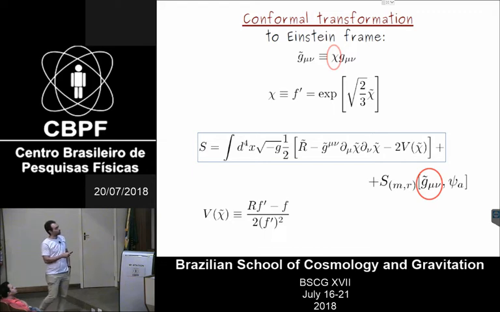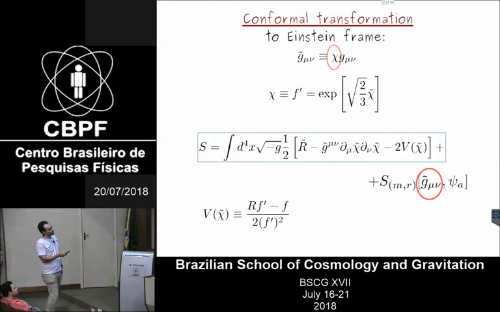So now let's make this conformal transformation to Einstein's frame. That was done in Jordan's frame, the usual one, where matter is conserved and follows geodesics. Now we're going to make this conformal transformation here, and this conformal factor is just f prime, the derivative of f with respect to R. And now we define another auxiliary field, this tilde chi, just the log of this f prime.